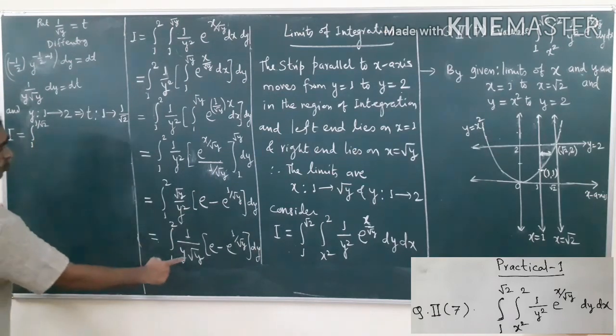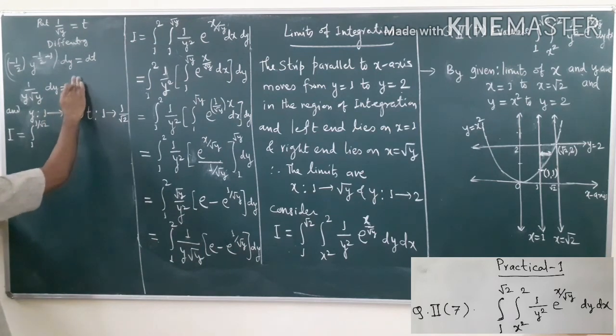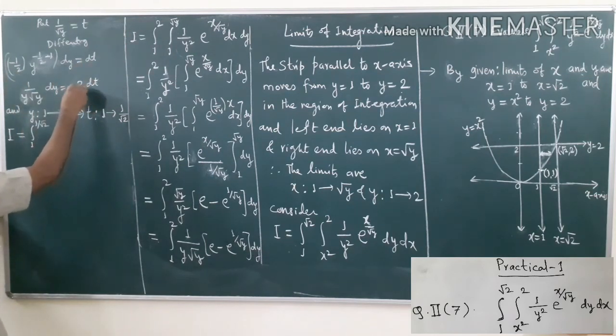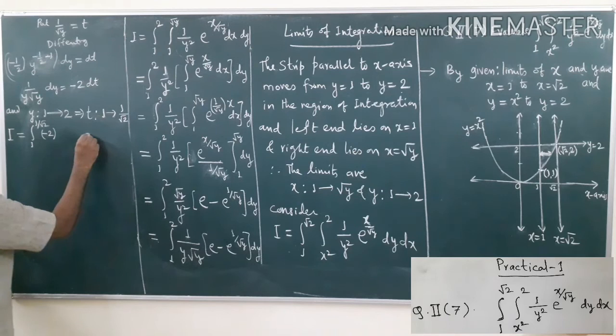and this 1 upon y root y dy is here minus 2 dt, because I am taking this minus to this side, so this is minus 2 dt.